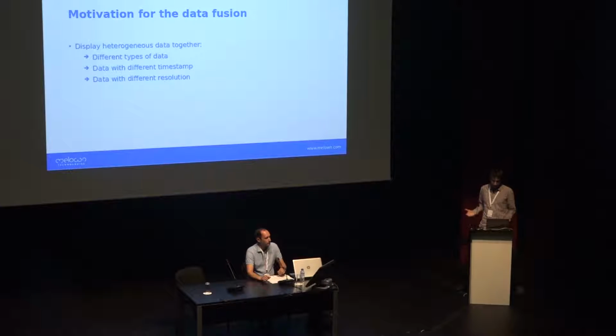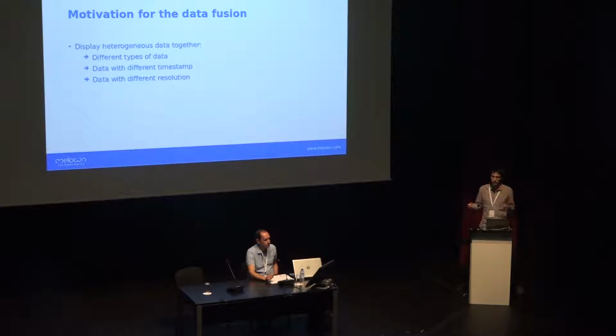Data fusion is basically about displaying heterogeneous data together. We do it for a number of reasons that I'll describe later, but the data can vary in type, in time, and in resolution.